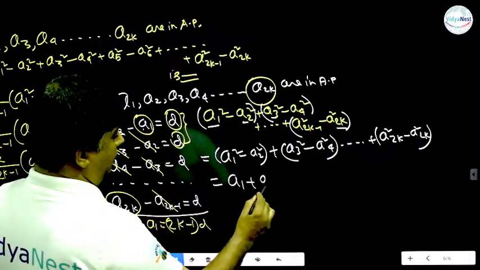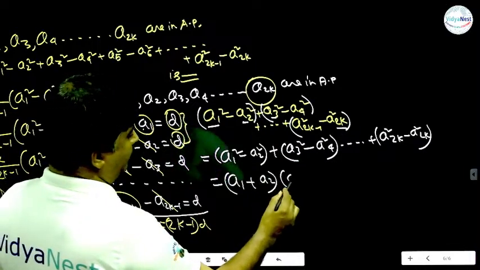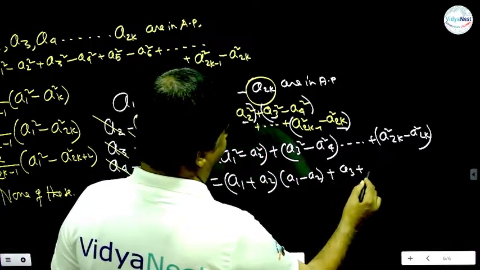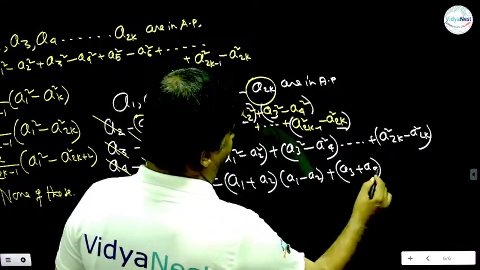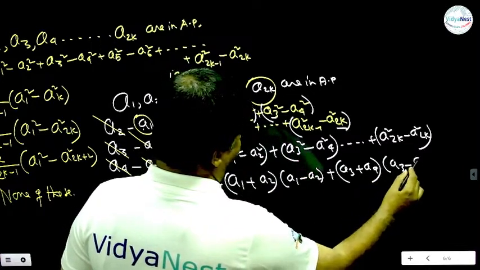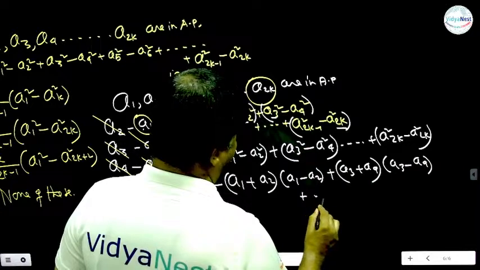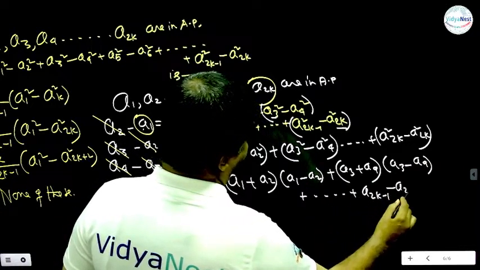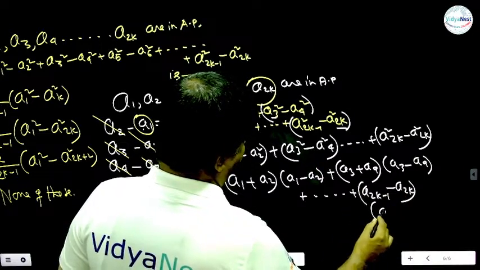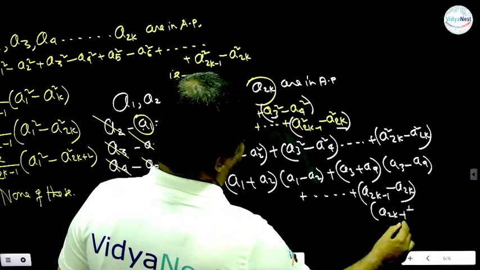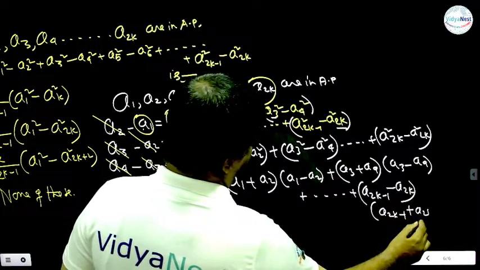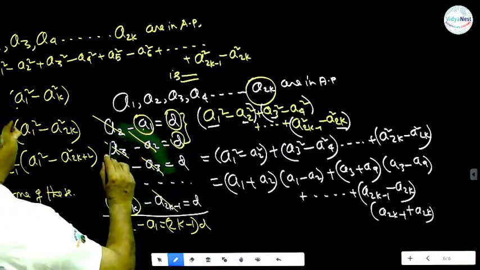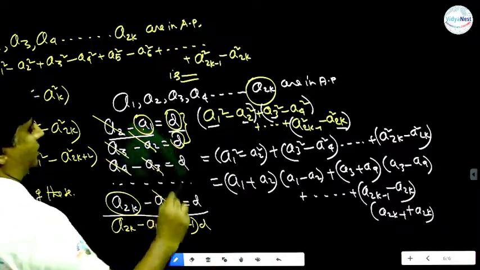A plus b, a minus b. Here a plus b, now a2 minus a1 is d.